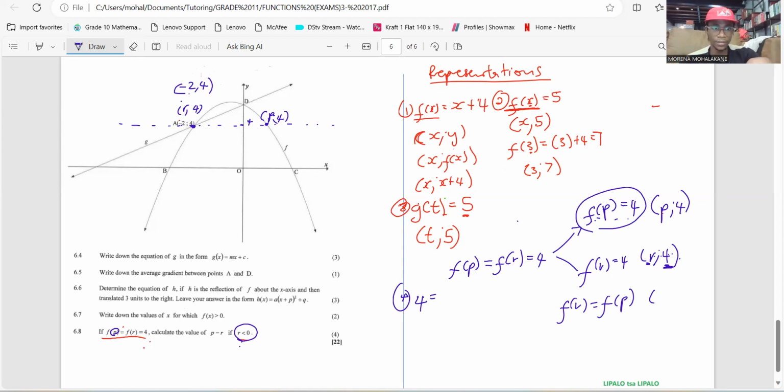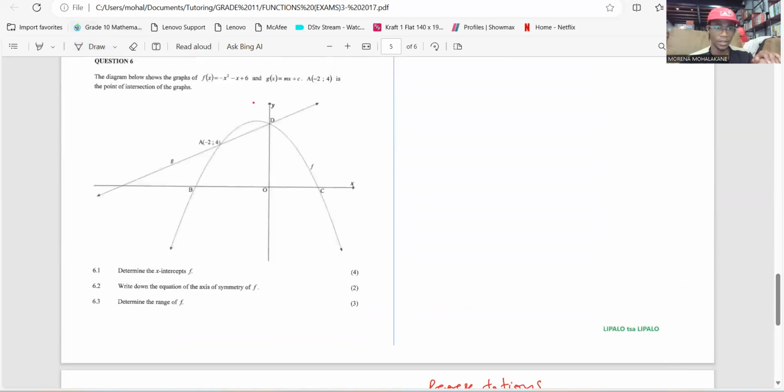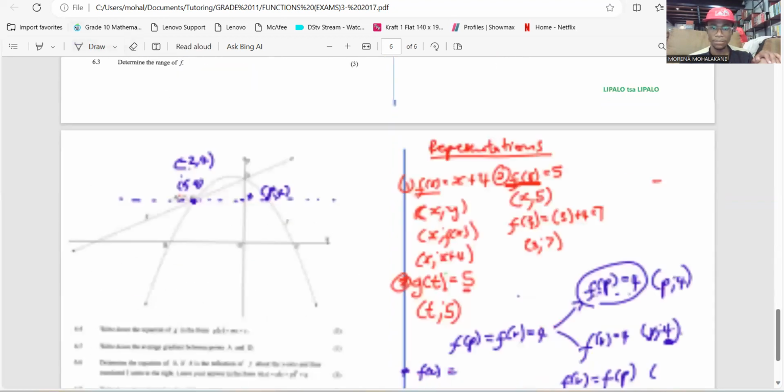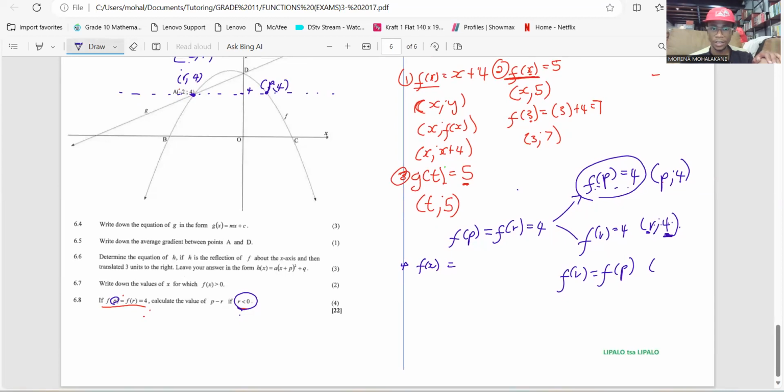My equation f of x, from the previous question, is negative x squared minus x plus 6.